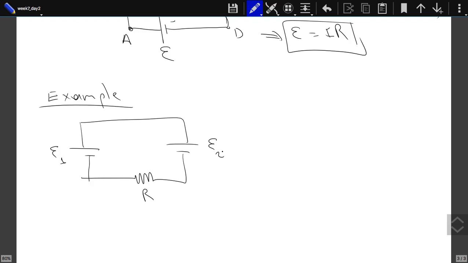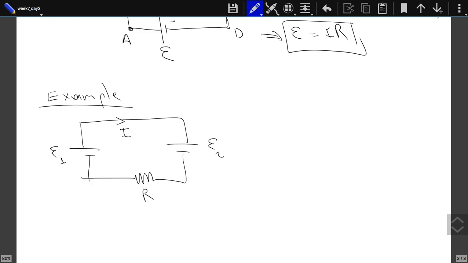I don't know which direction the current flows. Well, I don't really care. What I will be doing is that I will define the positive direction of the current. So I will say that a current is positive if it is running, let's say, in this direction. If the current is running clockwise, I will say that the current is positive.